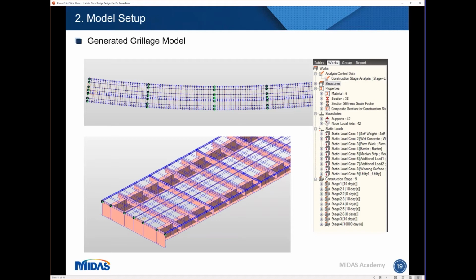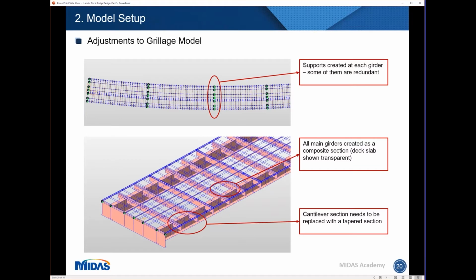But if you look closely at this model, you may notice that few things are not right. For example, the wizard created supports at each girder, including our dummy girders. That means that some of the supports are redundant and need to be deleted. Also, since the wizard doesn't support tapered sections and our cantilever is tapered, the cantilever section needs to be replaced with a tapered section.